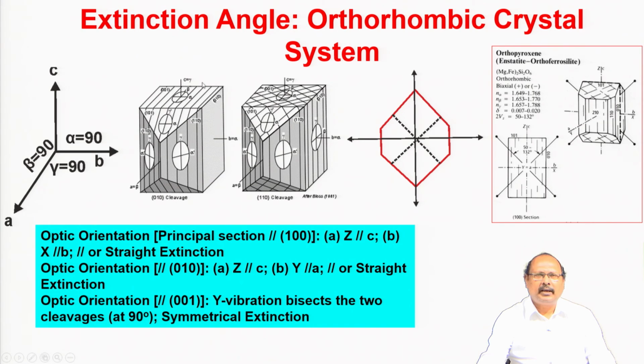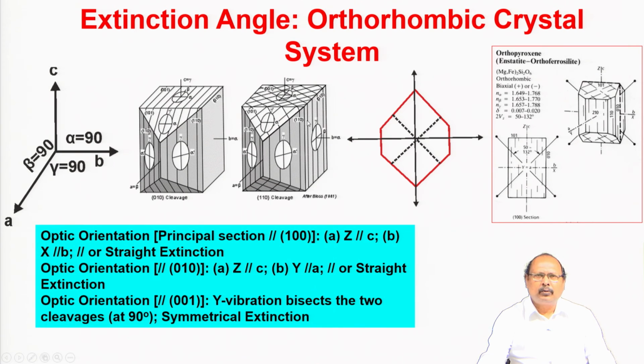Here also you have the two vibration directions: this is the y vibration direction and this is the x vibration direction. So, here also the vibration directions coincide with the crystallographic axes. So, in the 001 plane you will also see straight extinction.